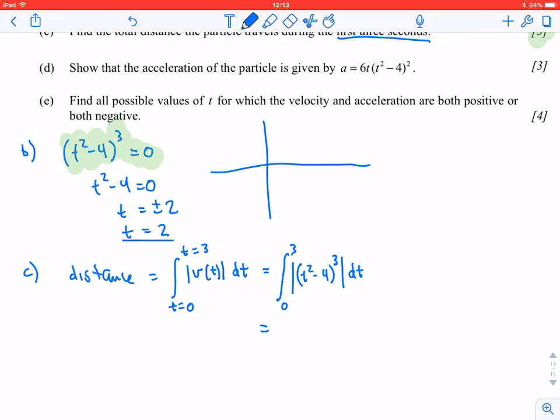There are a couple other ways you can do this. You could look at the graph and see that you can break this up into 2 integrals based on when this function is positive and when it is negative. It is negative during this portion of that interval from 0 to 3. So from 0 to 2, we're going to take negative (t squared minus 4) cubed dt. And then we could add on the displacement between 2 and 3 of just the function when it is positive, (t squared minus 4) cubed dt.